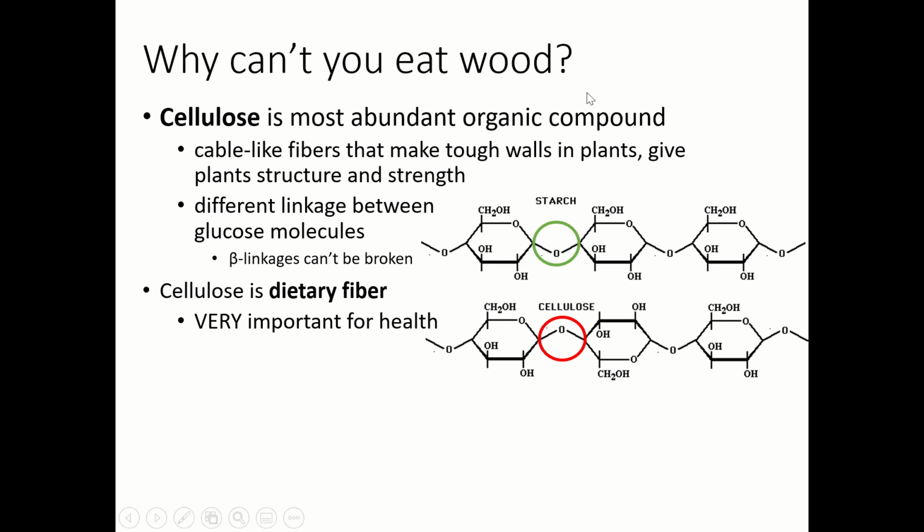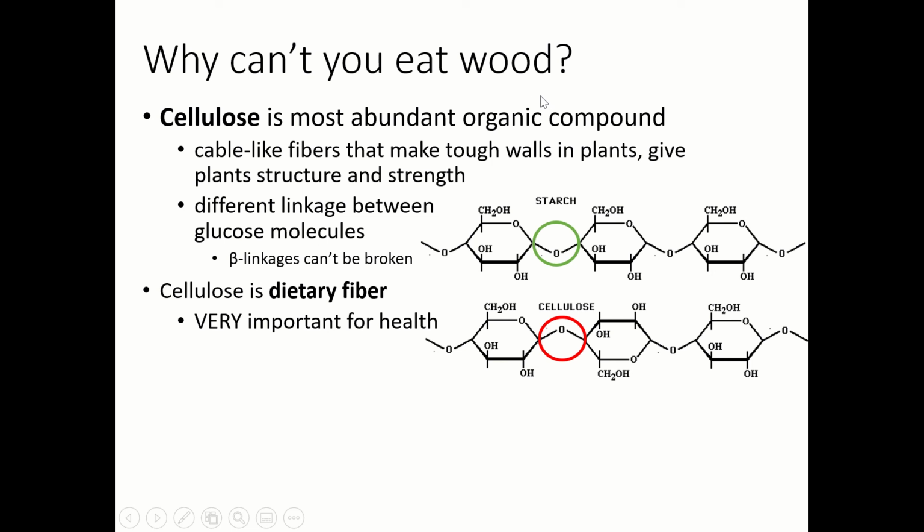Now, why can't we break it down? How is that a thing? Well, it turns out not only can you not eat wood, no animal can eat wood. Now, for those of you who are paying attention, this sounds crazy, because, hello, termites, all they do is eat wood.